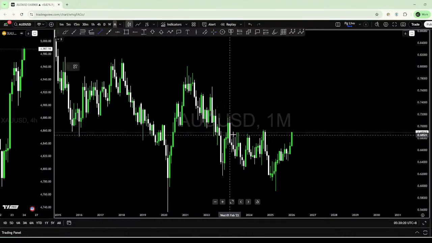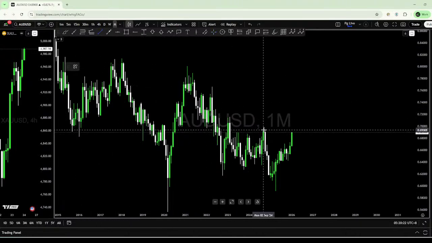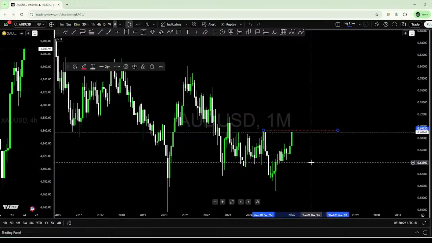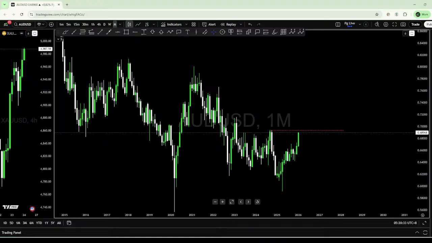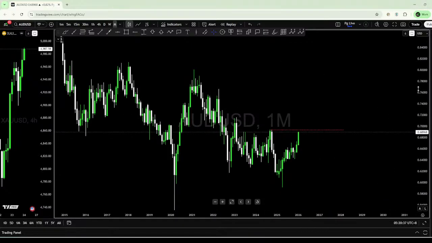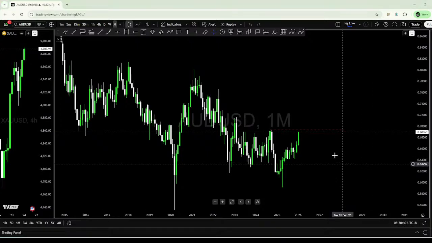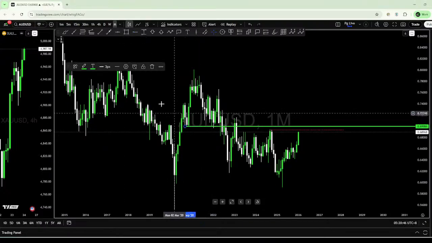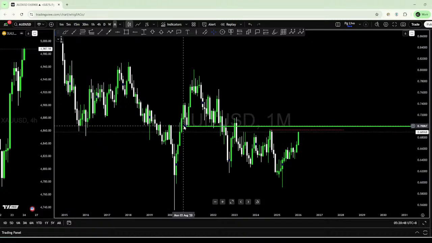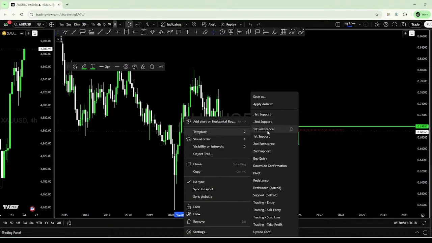The key level is that if this month price closes above 0.69, we're going to see the bullish move. So the monthly resistance I would put here. This is going to be my monthly resistance level.